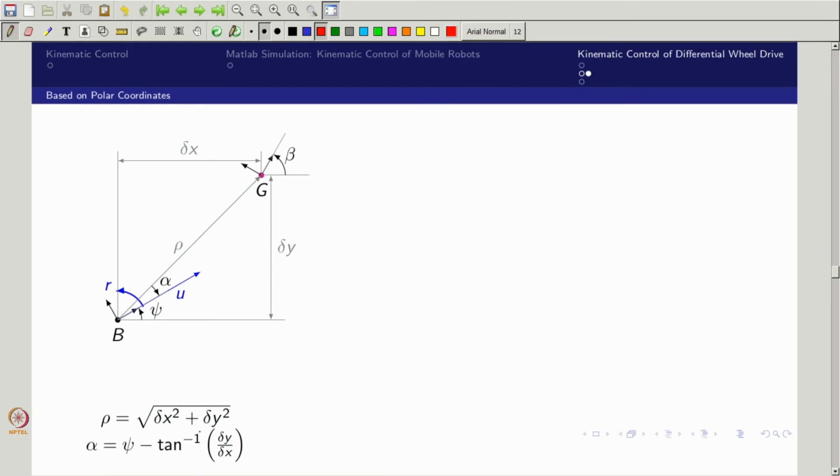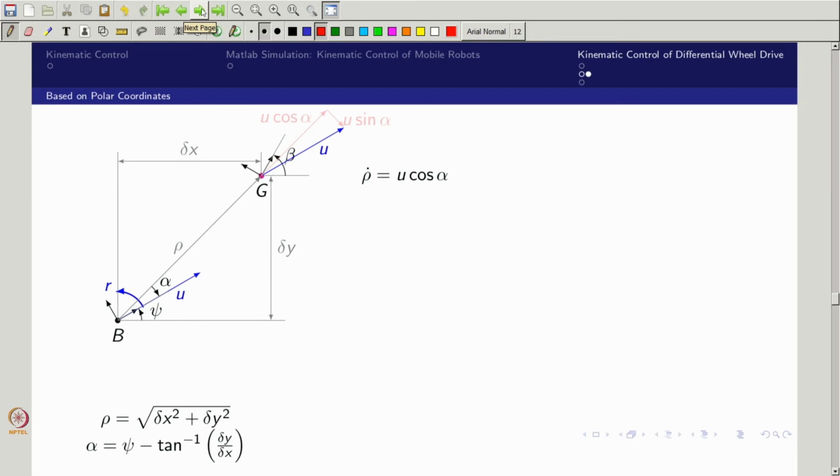Now I take this U straight up, and if I take this R, what components will come? There are two components due to the tangential velocity. Otherwise rho into R will be perpendicular to this, right? So you can say rho R and U. These two velocity components I can resolve along the line.